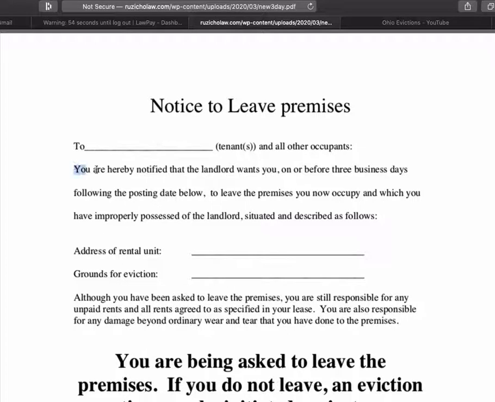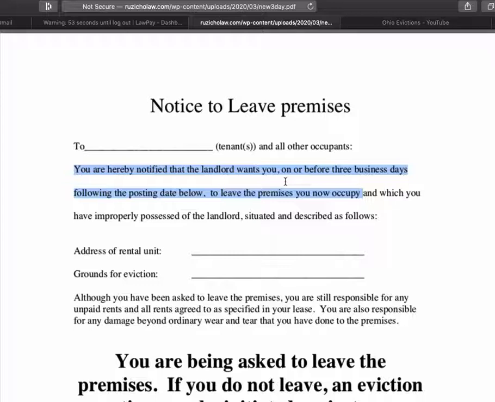And as you'll see here, the notice is telling the tenant, you are hereby notified that the landlord wants you, on or before 3 business days following the posting date below, to leave the premises you now occupy. So, now we're talking about calculating the 3 days. The day of posting in many jurisdictions in Ohio does not count, and weekends and holidays do not count in many jurisdictions in Ohio.